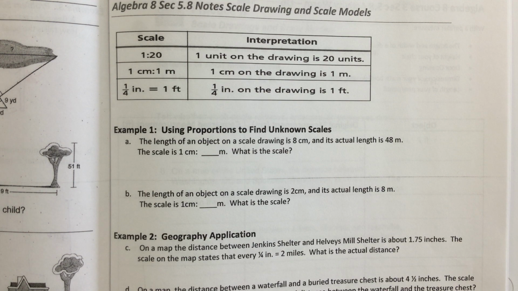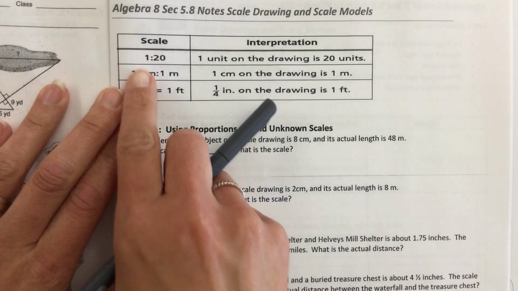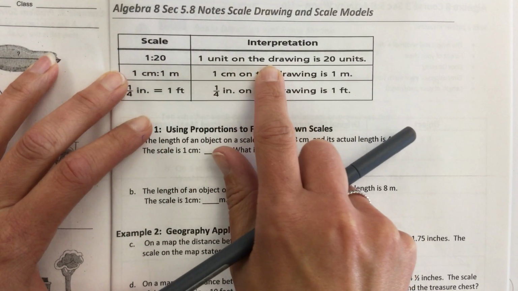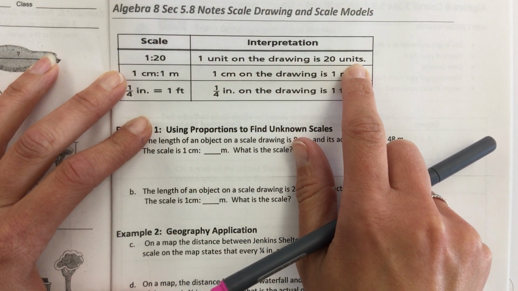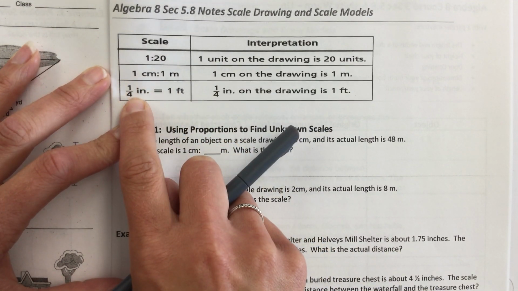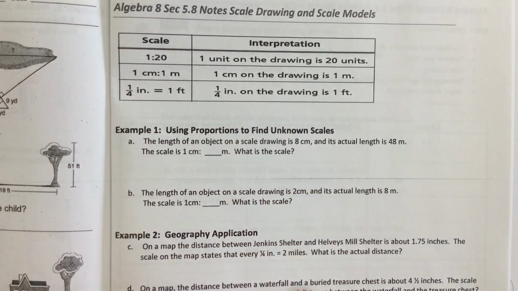A scale is basically a ratio of a unit on, like this one is a drawing, to 20 units in real life. Like 1 centimeter on the drawing is 1 meter, 1/4 on the drawing is 1 foot in real life.